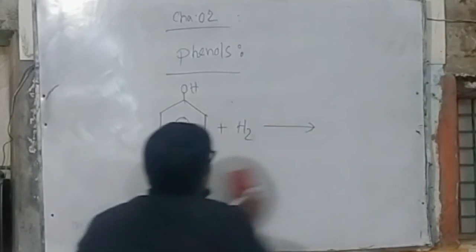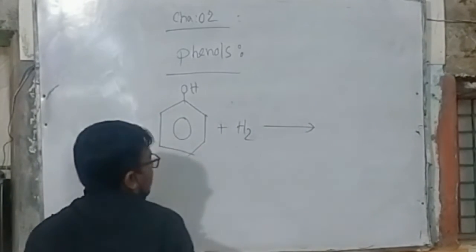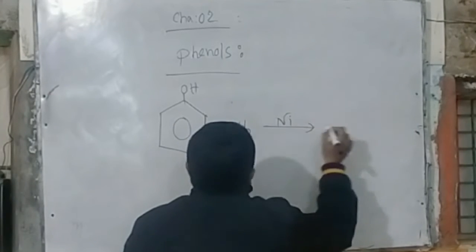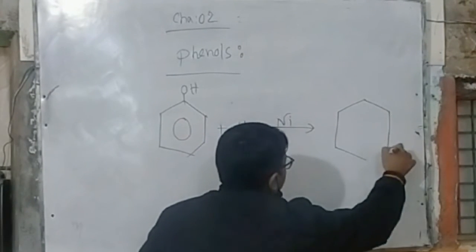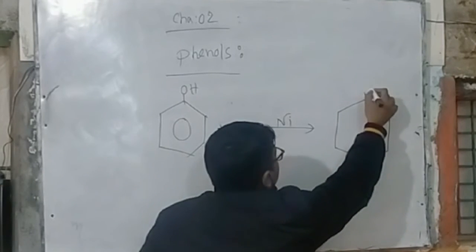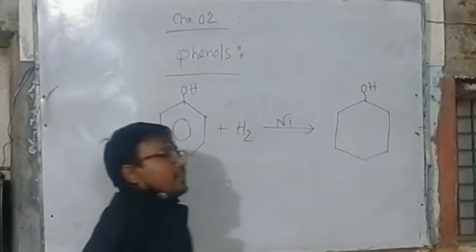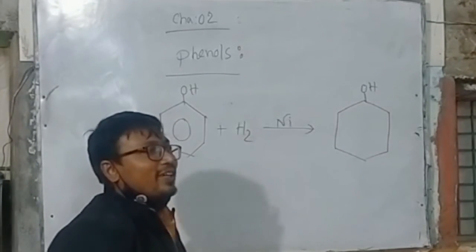When phenol reacts with hydrogen in the presence of a nickel catalyst, cyclohexanol is produced.